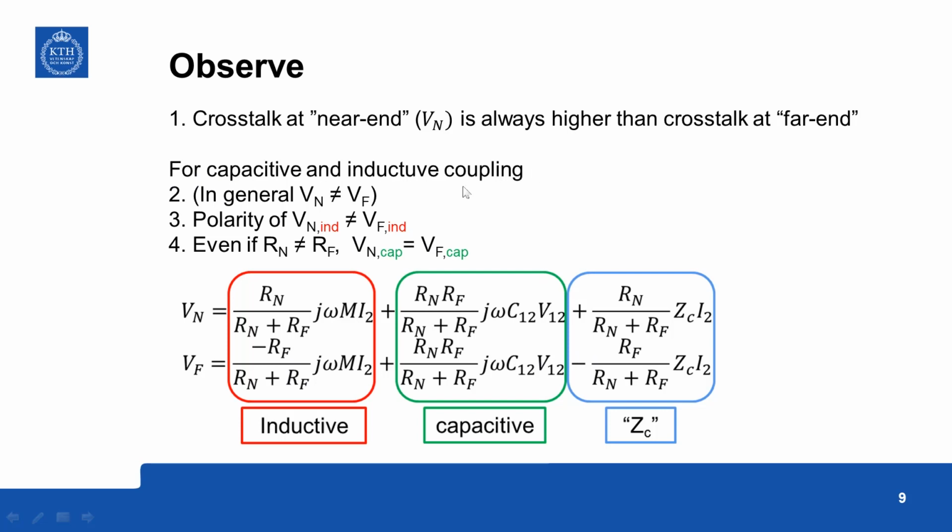For capacitive and inductive coupling in general, Vn is not equal to Vf, and the polarity of Vn induced is not equal to Vf induced, they are opposite polarity. Even if Rn is not equal to Rf, the components of Vn and Vf due to capacitive coupling alone will be equal.